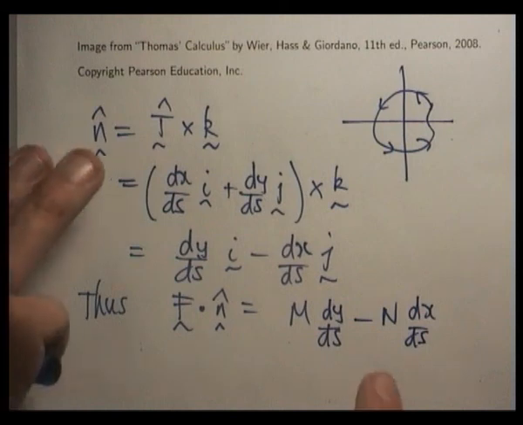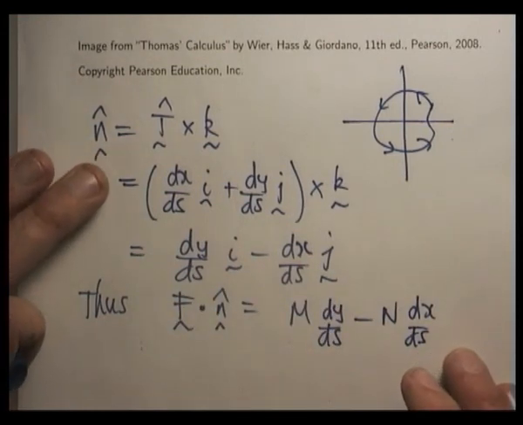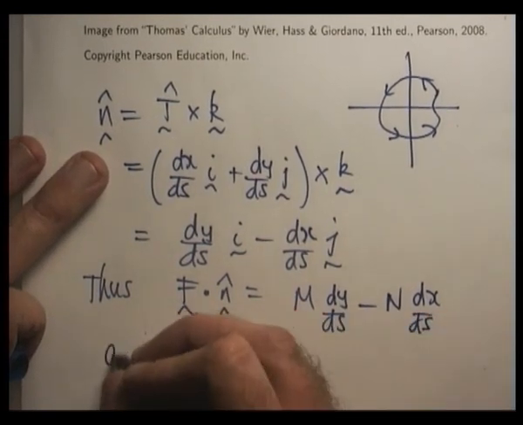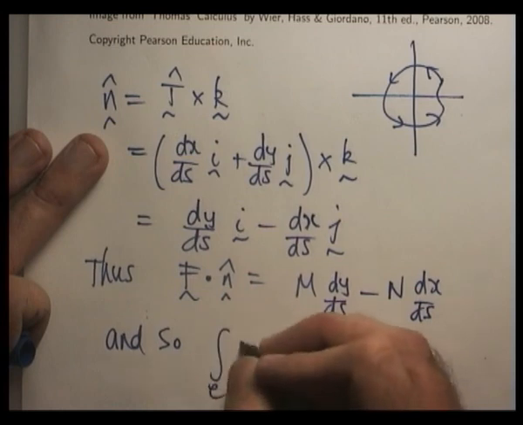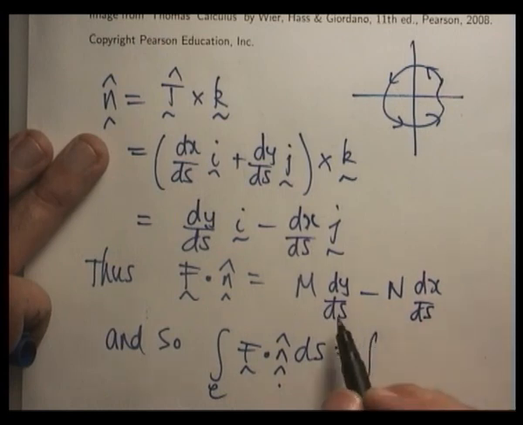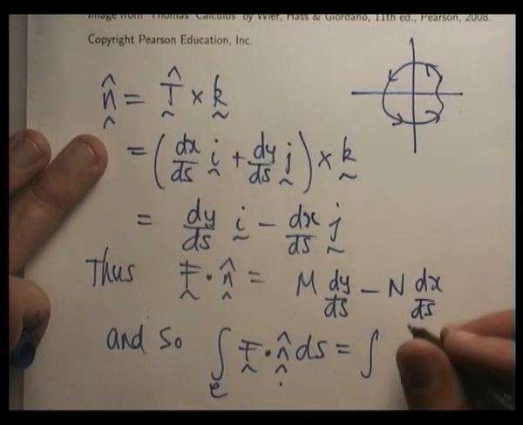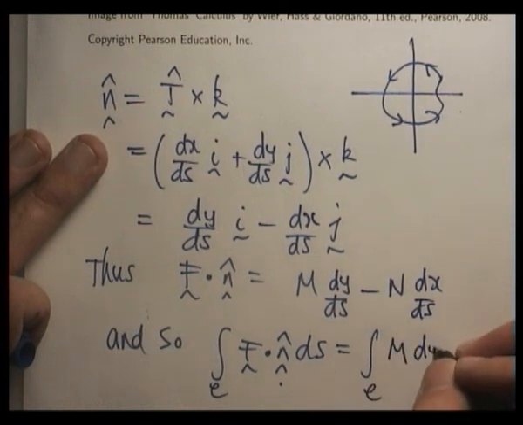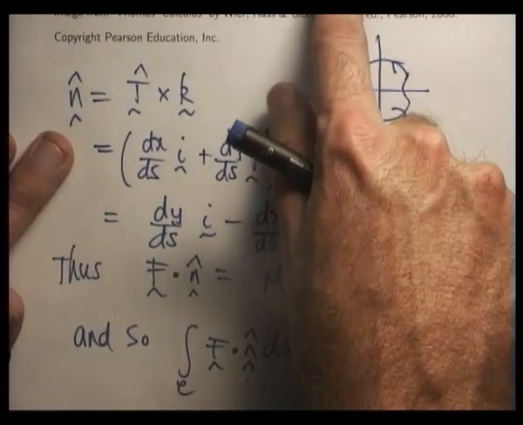Now, if I take the path integral with respect to arc length, the ds's will cancel out, and I'll get something like this, which is exactly what is up here.